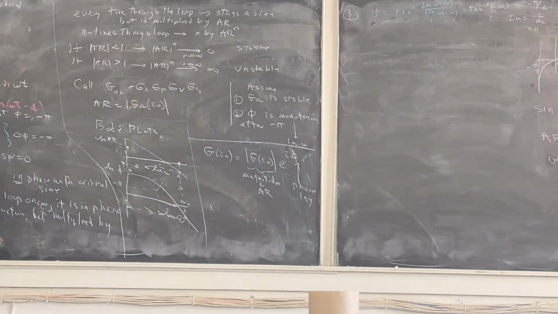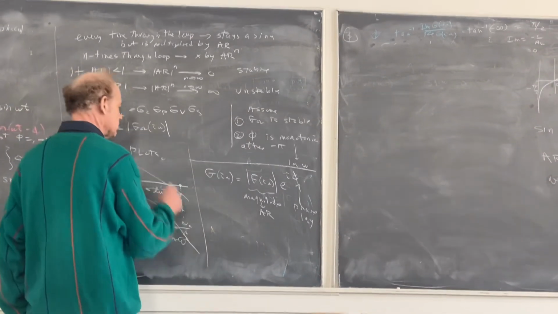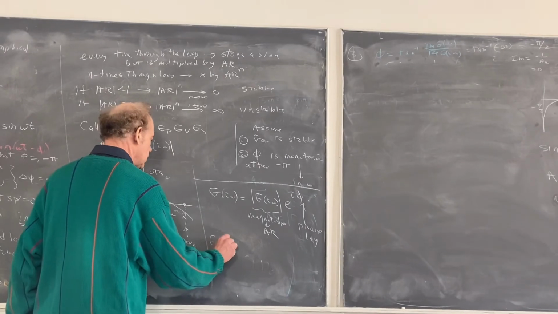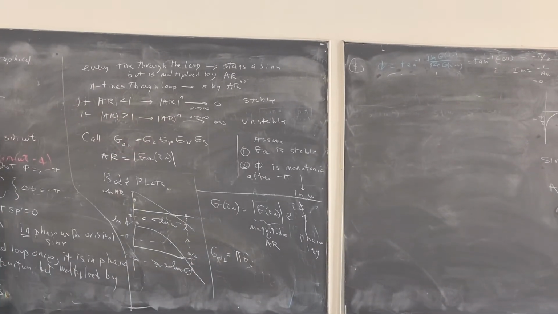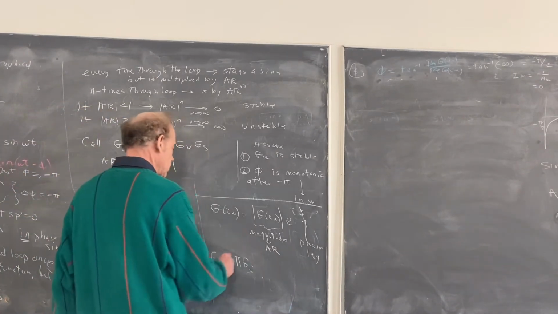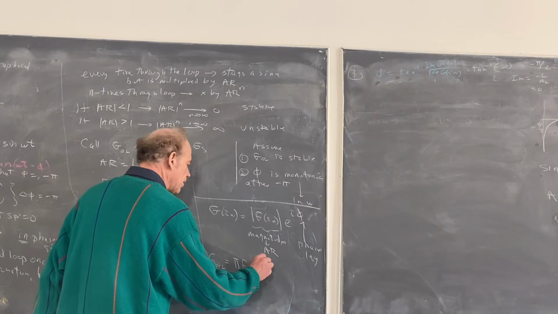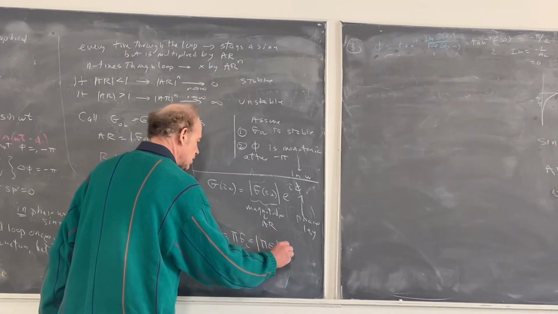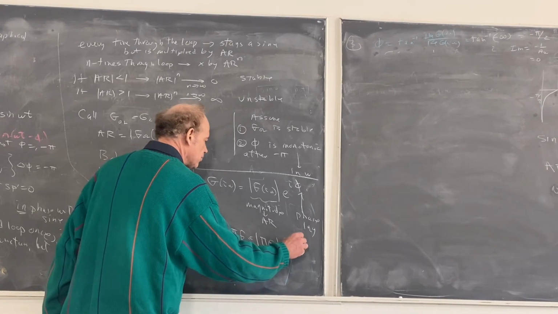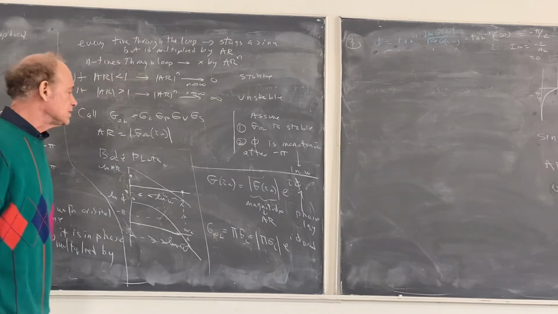Now what happens if I have a product of these g's? So g open loop is a product of g_i's. When I take this, it is equal to the magnitude of the product times e to the i phi of the product. Well, let's see what that is.